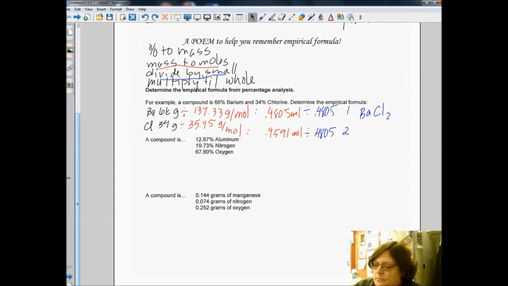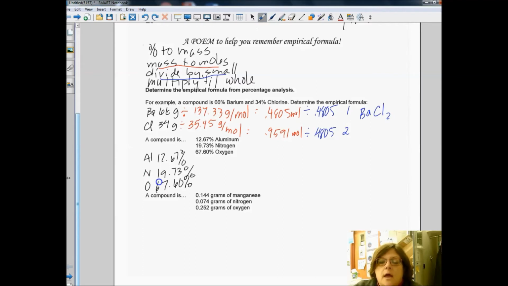All right, moving on. We are going to do the next one that has aluminum, 12.67 percent, nitrogen, 19.73%, and oxygen, 67.60%. Remember, Abby's put this into a mass spectrometer.